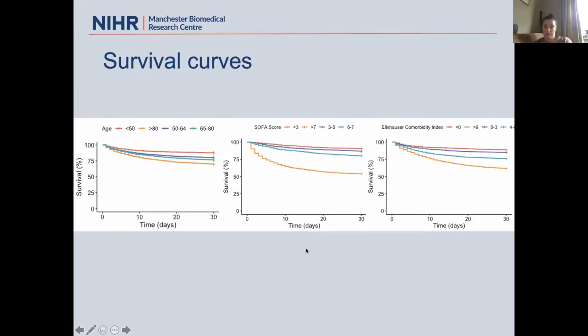This is showing a similar thing for age on the left, SOFA score in the middle, and comorbidity index on the right. The red lines with the better survival correspond to the younger patients with lower levels of organ dysfunction and lower levels of comorbidity, whereas the orange lines at the bottom are the older patients with higher levels of organ dysfunction and higher levels of comorbidity.